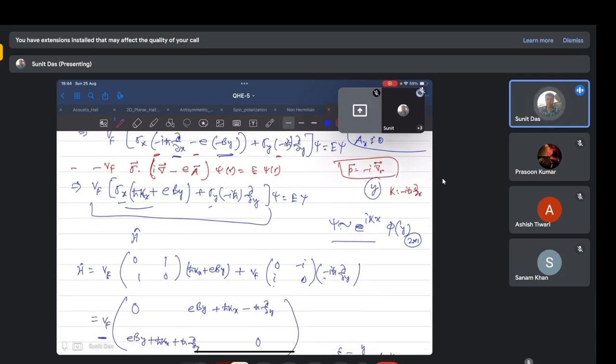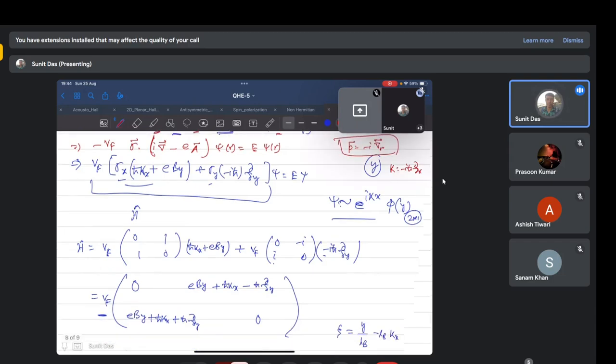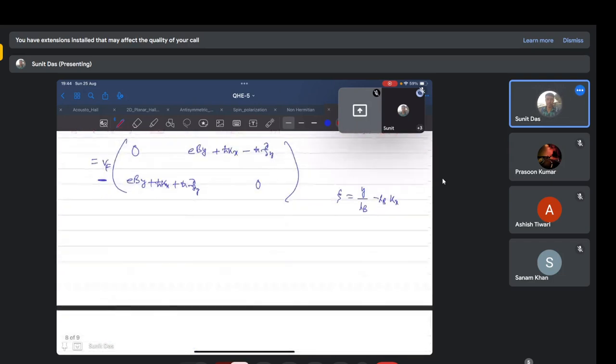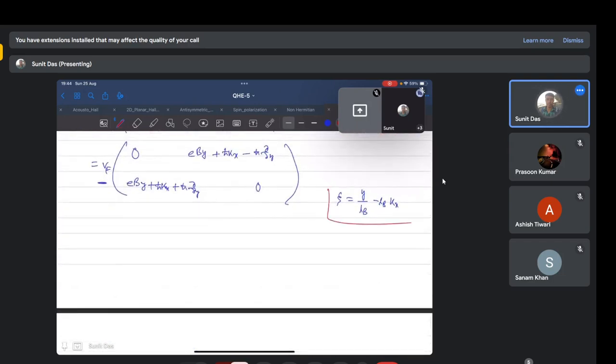If we start from this, there will just be a negative sign which is troubling me, because this is correct actually. So this I need to renormalize. This is called non-dimensionalization of the Hamiltonian.